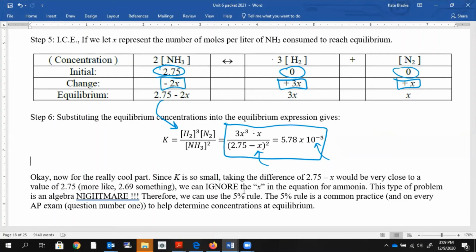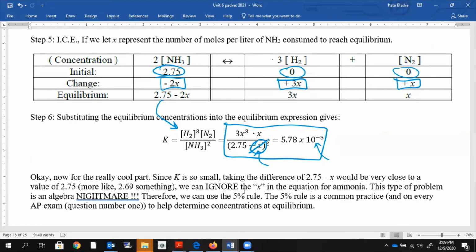Probably it's going to be times 10 to the negative 2 or 3. And so by the time I subtract it, my answer is still going to be about 2.75. So we can make an assumption that anytime we are adding or subtracting an x, we can drop that x out of our math, just to make our math a little bit easier.